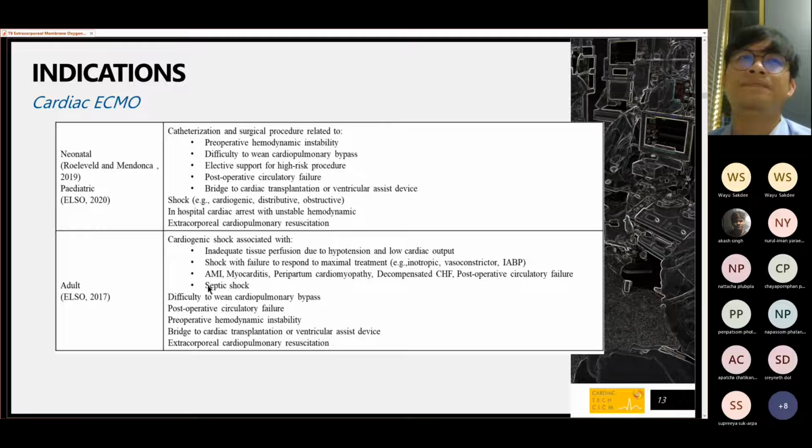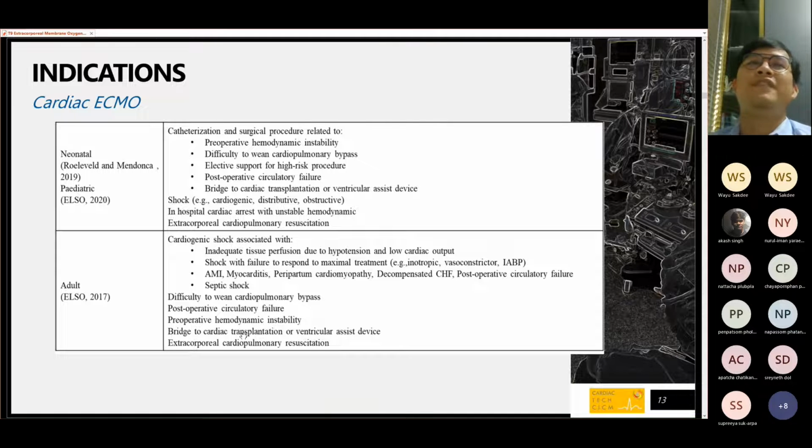And also difficulty to weaning CPB, as we have talked last Monday, right? And also post-operative circulatory failure. You can wean off the bypass, but unfortunately, after you send the patient back to the ICU, the situation gonna become a trouble. So you can think about the Ecmo, okay?